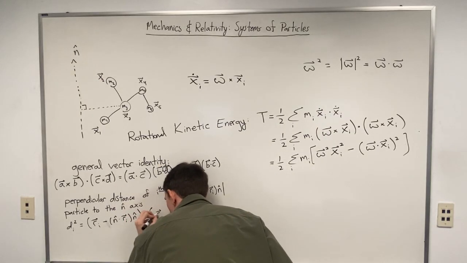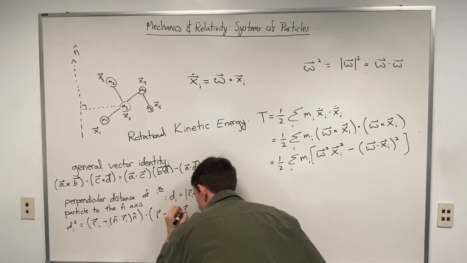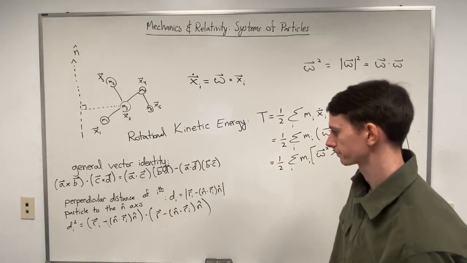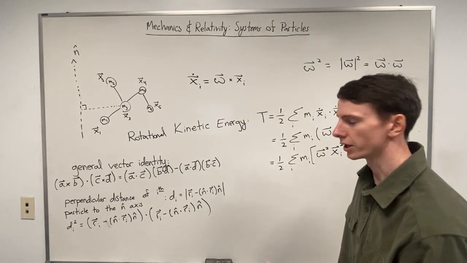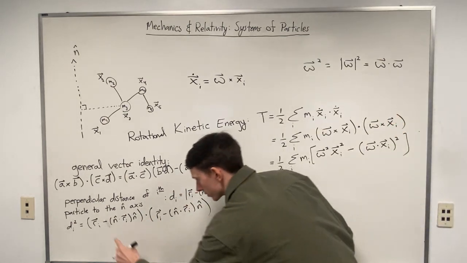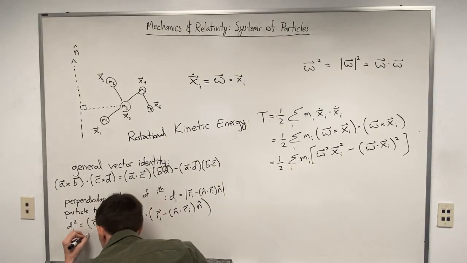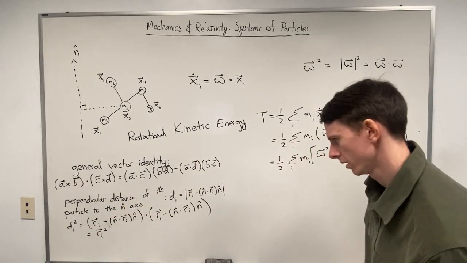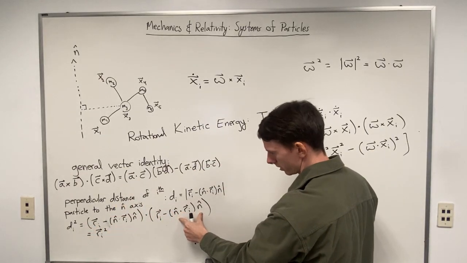Now let's just evaluate the dot product. We first have R i dotted with R i, giving us R i squared. Then we have R i dotted with this quantity.